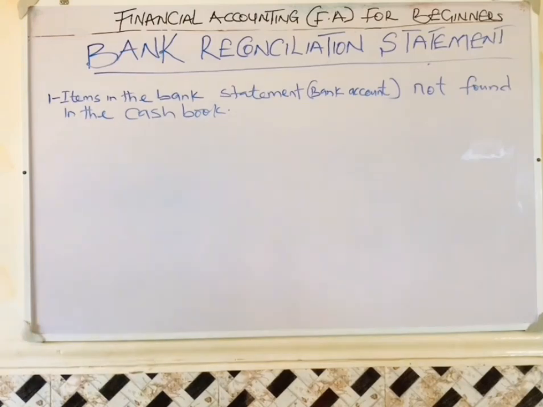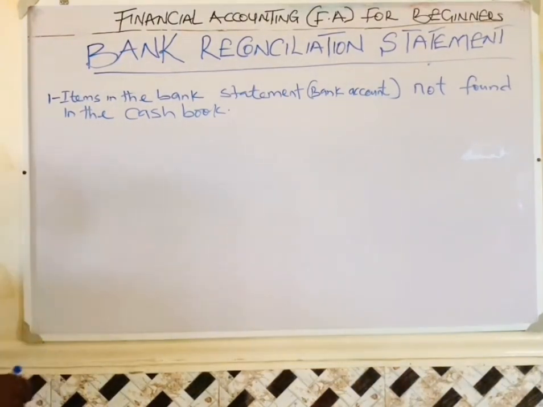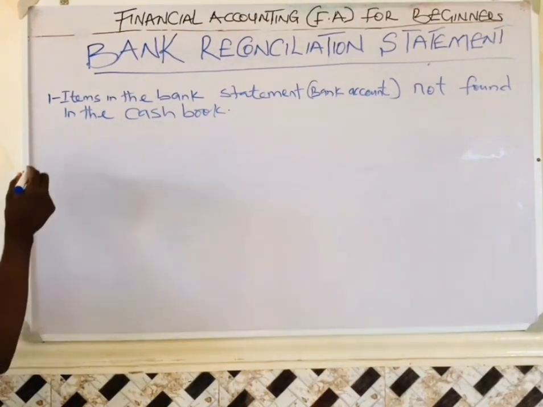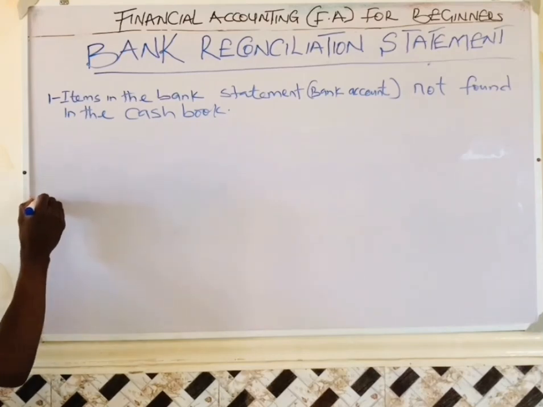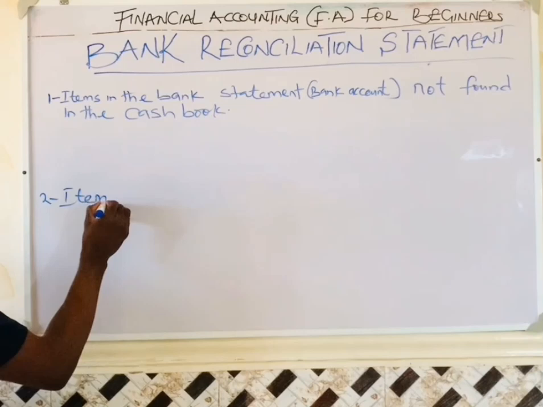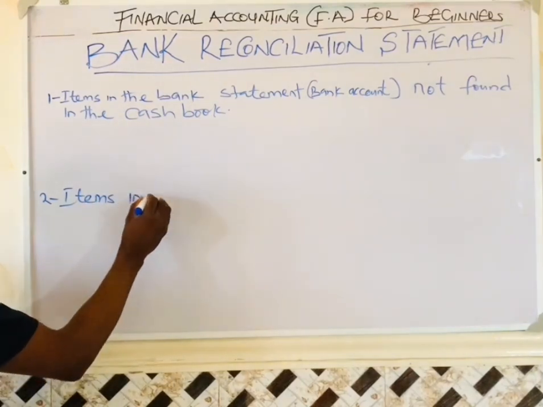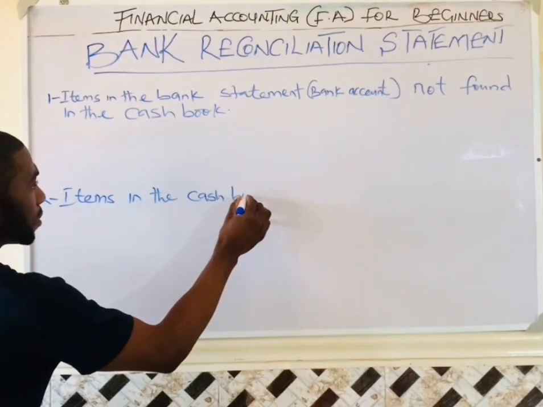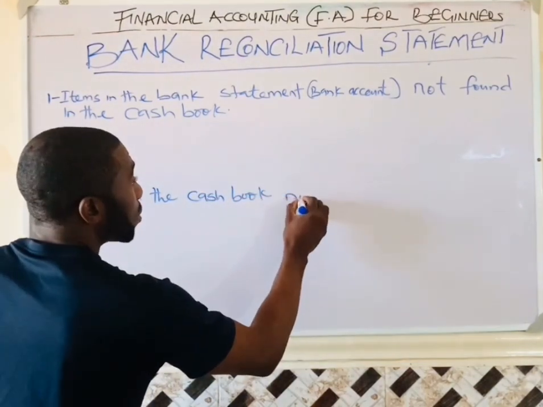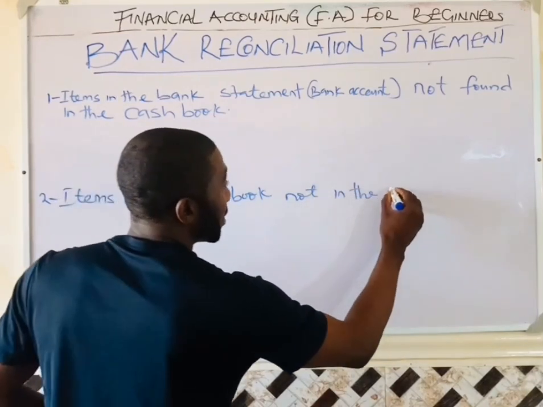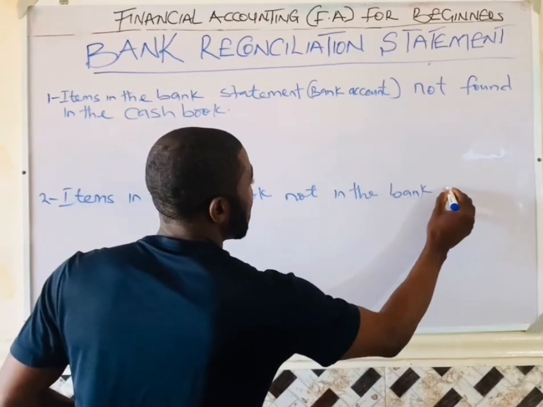So there are items. If you check your bank statement, the items are in that statement, but they are not in the cash book. And as well, if you check your cash book, there are items in the cash book which are not in the bank statement.